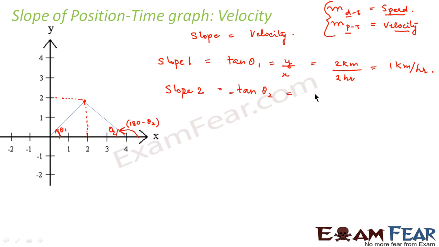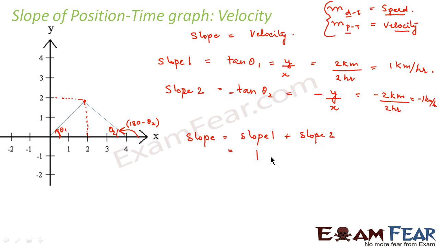Now minus tan theta 2 would be y by x. So this will again be minus 2 kilometers by 2 hours. So this will be minus 1 kilometer per hour. Therefore, the slope of this line is 1. Slope of this line is minus 1. Now for the entire journey, the slope would be slope 1 plus slope 2.